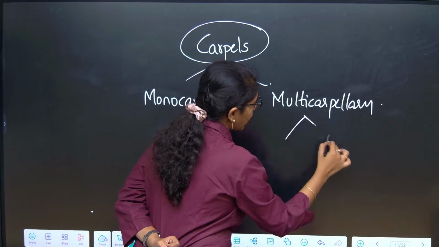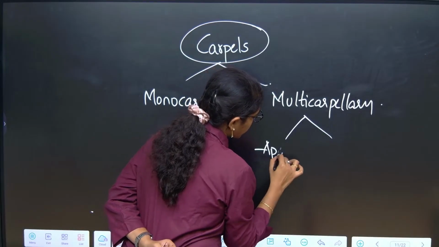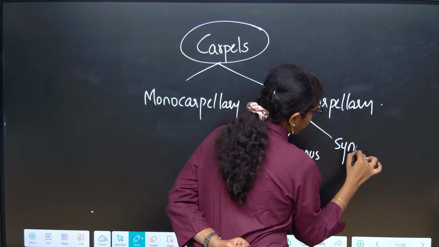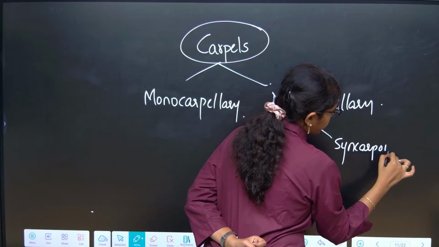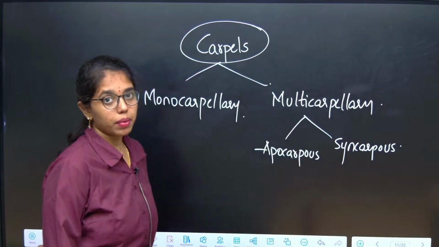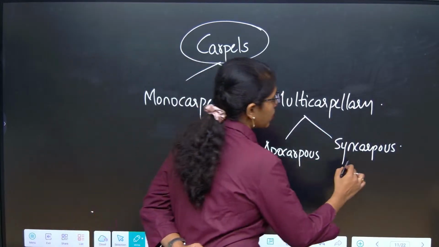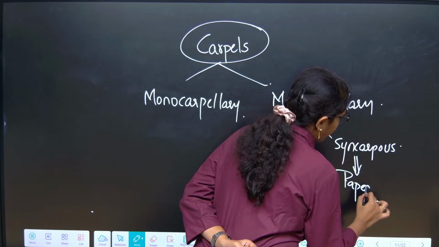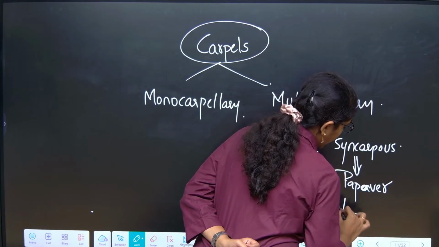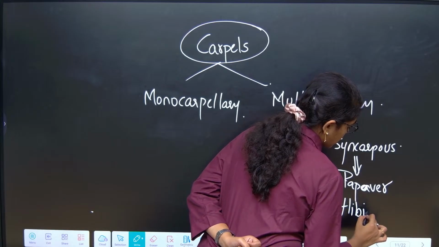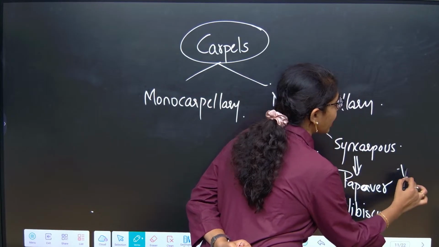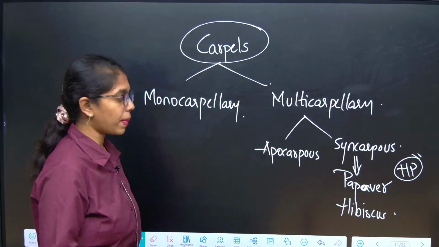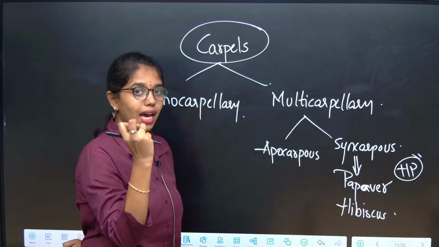Multicarpellary can be apocarpous and syncarpous. If it is syncarpous, the examples include papaver and hibiscus. Do remember, papaver and hibiscus. You can remember this also like HP, wherein all the pistils are fused.